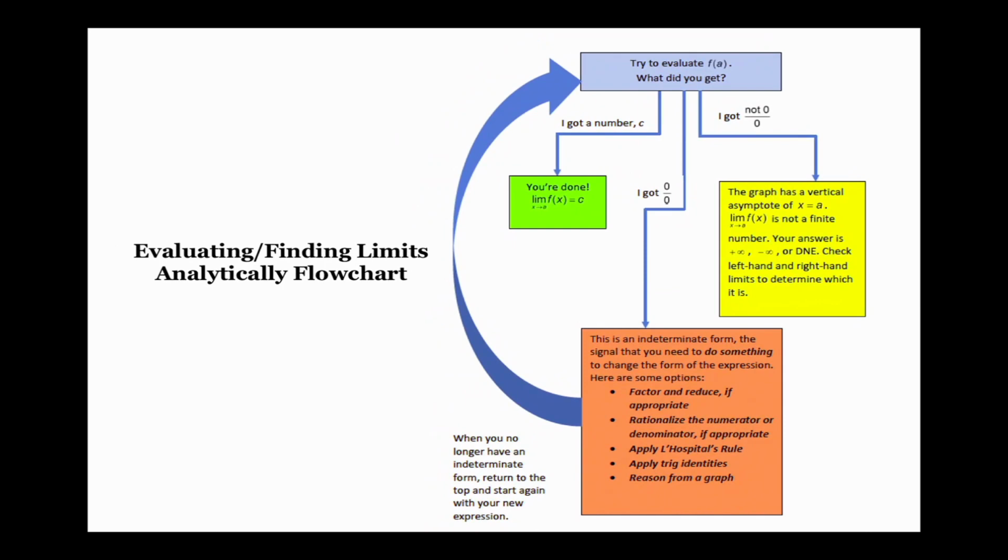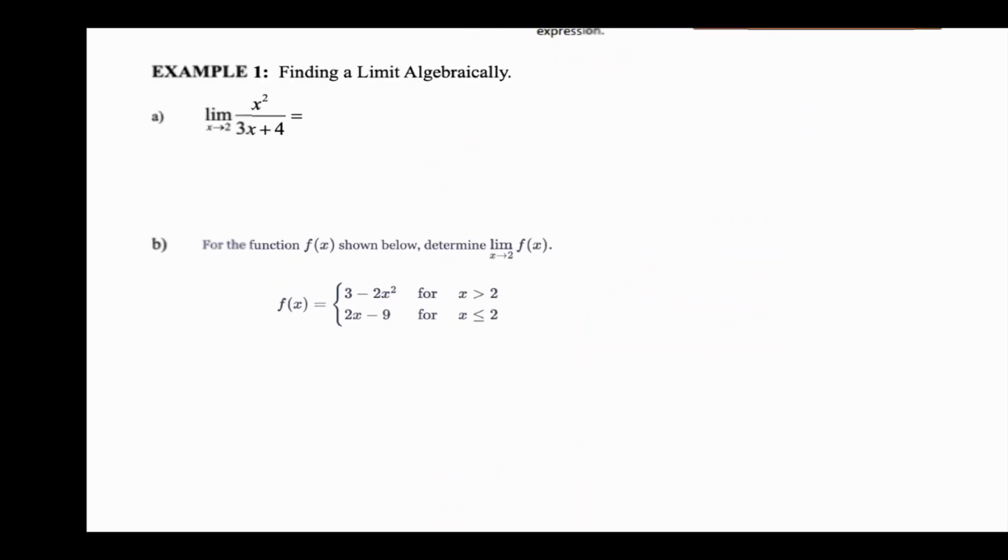If you get 0 over 0, we got to do one of those things, factoring, rationalizing, all of those things that you did on your summer assignment. If you get a non-zero on top and a 0 on bottom, the answer is that the limit does not exist. Okay? So let's try example number 1A.